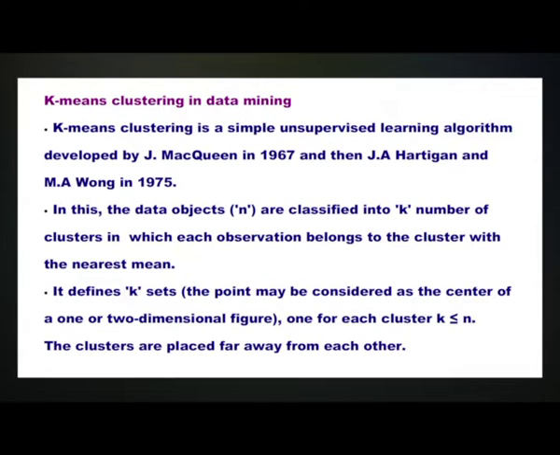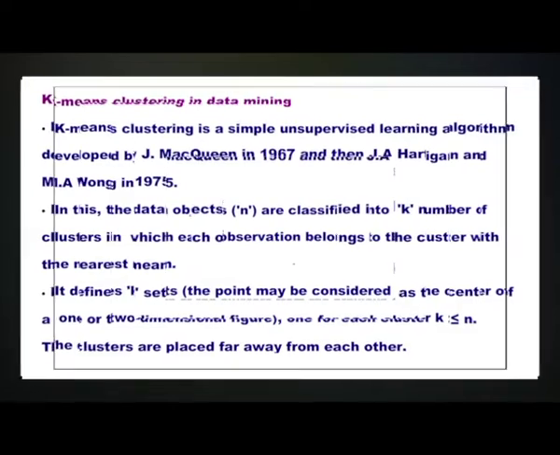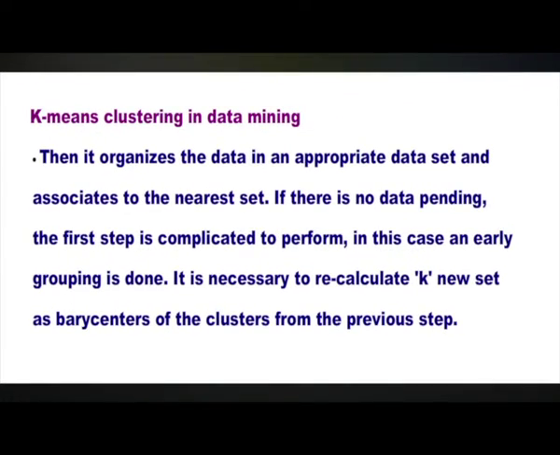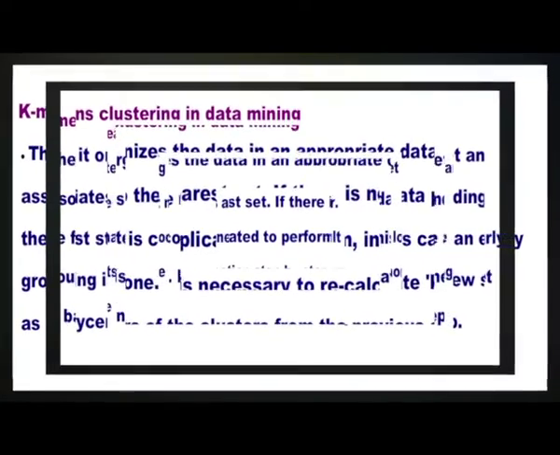The clusters are placed far away from each other in this step. Then it organizes the data in an appropriate data set and associates to the nearest set. If there is no data pending, the first step is complete. In this case, an early grouping is done. It is necessary to recalculate k new sets as barycenters of the clusters from the previous step.